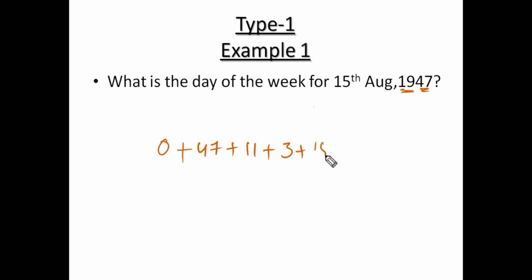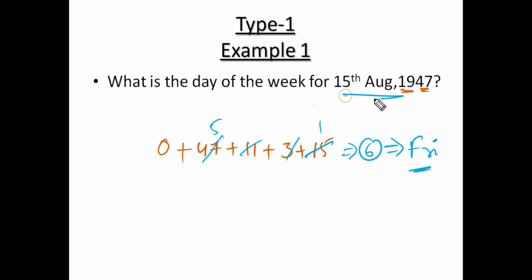How many days? 15 days. So 15 consists of 1 odd day. 11 plus 3, 14. 47 consists of 5 odd days. 5 plus 1, total 6 odd days. If the remainder is 6, based on the remainder, the day will be Friday. So we got independence on Friday.